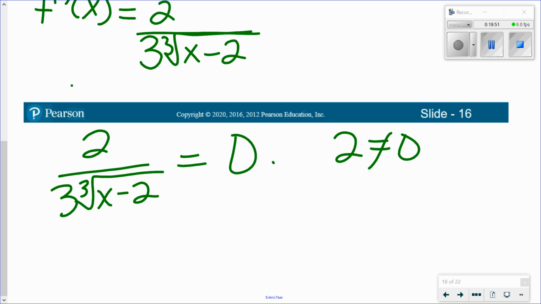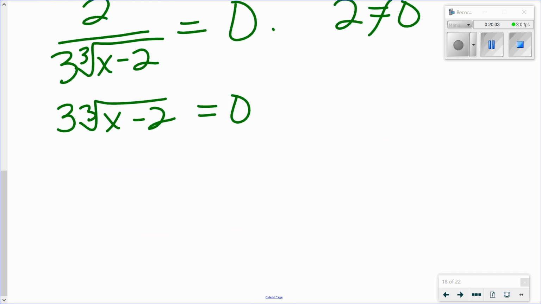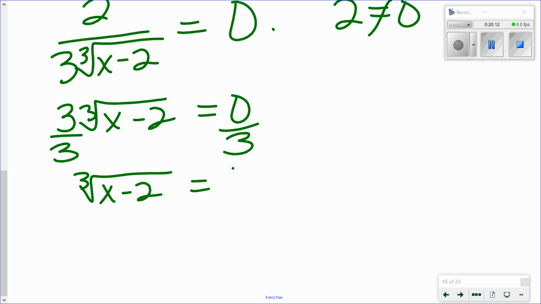Now, when we're looking at the domain problems, we're only going to set the denominator equal to 0. Okay, so let's divide both sides by 3. So we have cube root of x minus 2 equals 0. Now we're going to cube both sides.